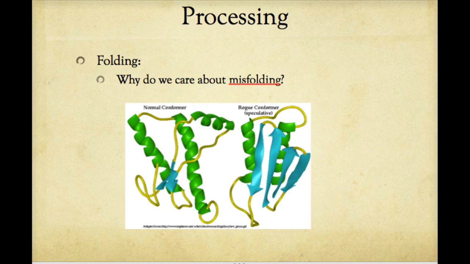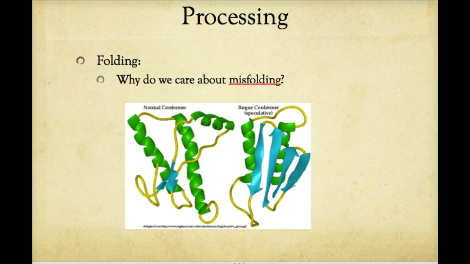The other thing I want you to think about, though, is the fact that sometimes when a protein folds differently, abnormally, the new function that it takes on can actually be quite damaging to the cell. Sometimes a misfolded protein just doesn't work. Other times, the misfolded protein starts doing a function that's actually damaging to the cell.